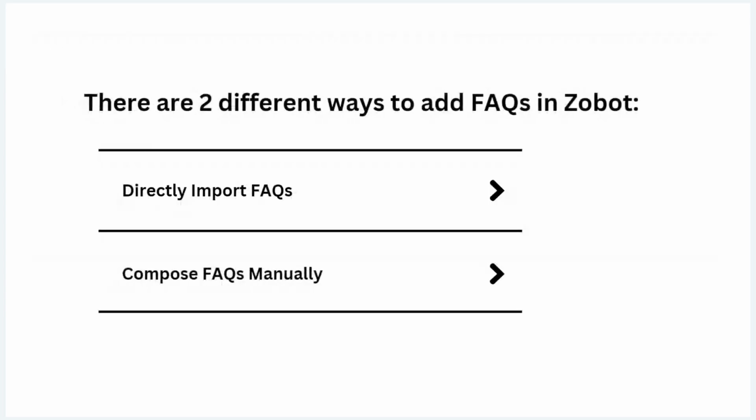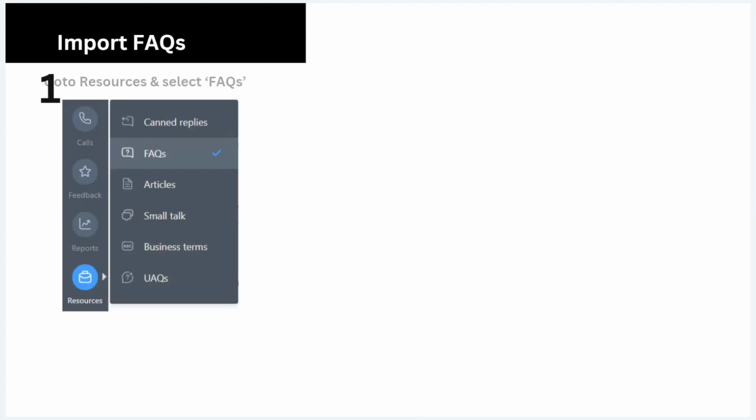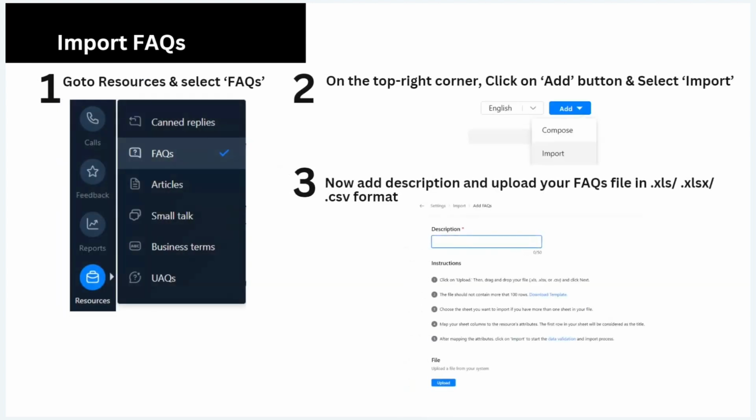The facts can be added in Zobot in two ways. The first one is that we can directly import the facts, or we can compose the facts manually. For importing, first in the resource section, we have the option facts. After clicking on that, we go to the facts page. In the top right corner, there is an add button with compose and import options.